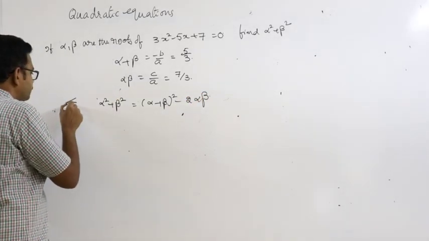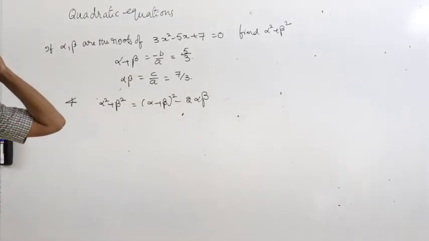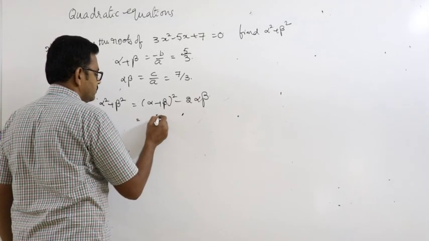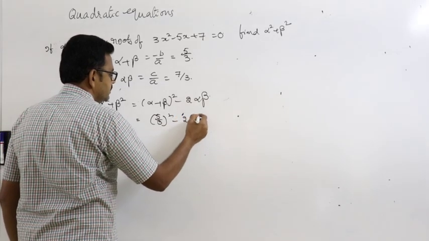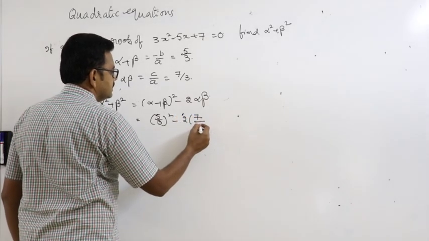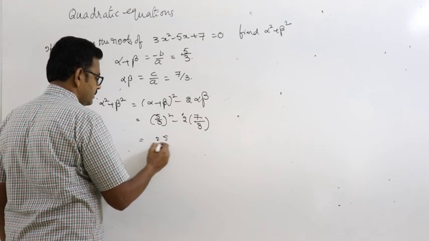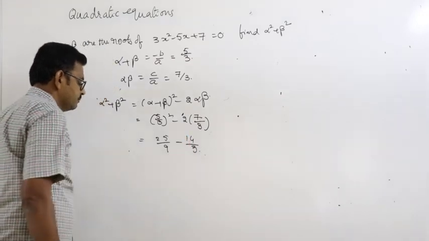These all come from algebraic identities. So alpha plus beta is 5 by 3, whole square, minus 2 into 7 by 3. That is equal to 25 by 9 minus 14 by 3.